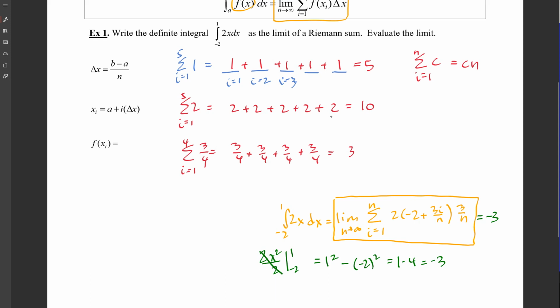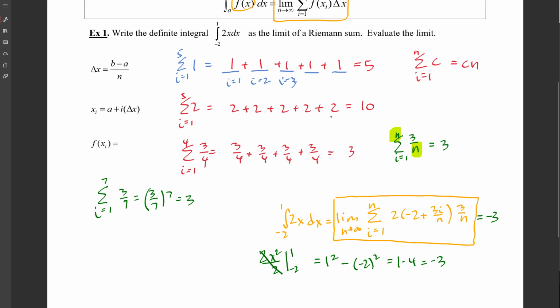Okay. What if I said, a similar problem, what's the sum of i equals 1 to 7 of 3/7? Wouldn't that be 3/7 7 times? So wouldn't that be equal to 3? Okay, so it turns out that if I have the summation of 3 over n, and I go from i equals 1 to n, as long as these numbers match up, then my answer is just going to be the numerator, whatever it is.